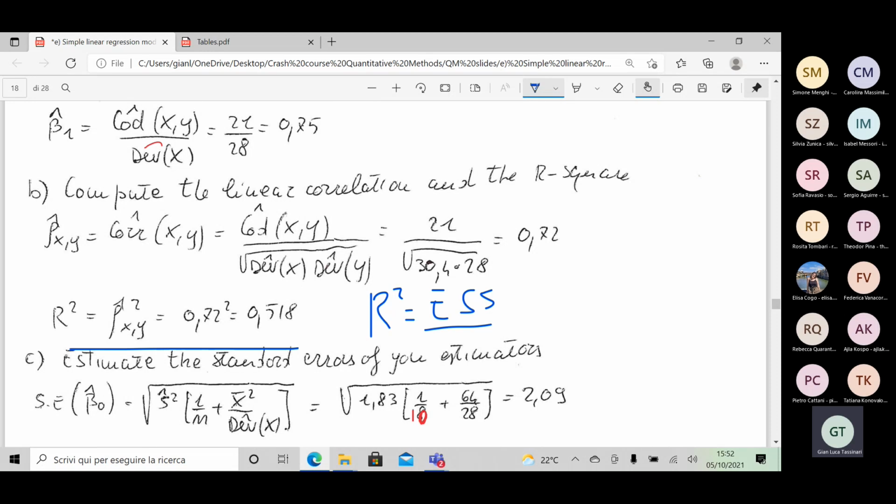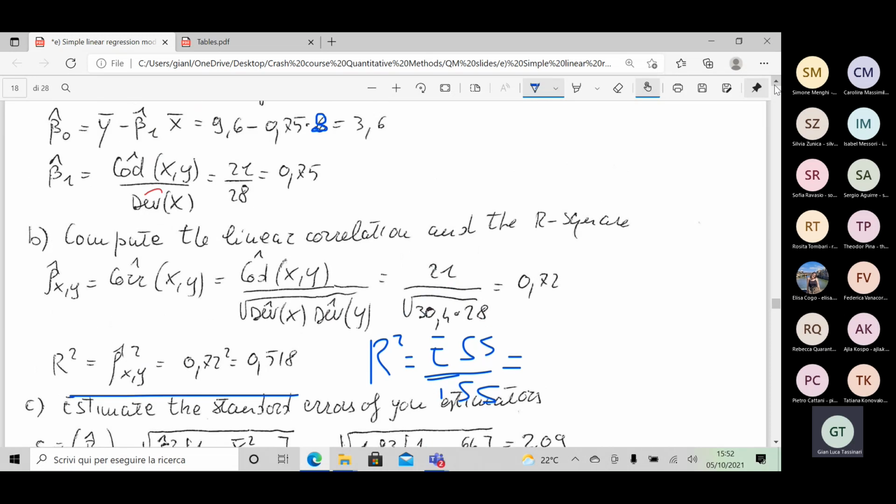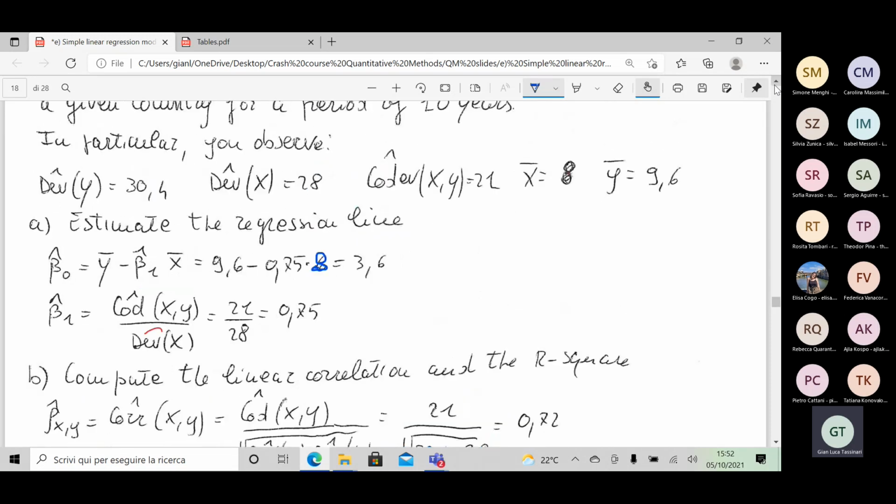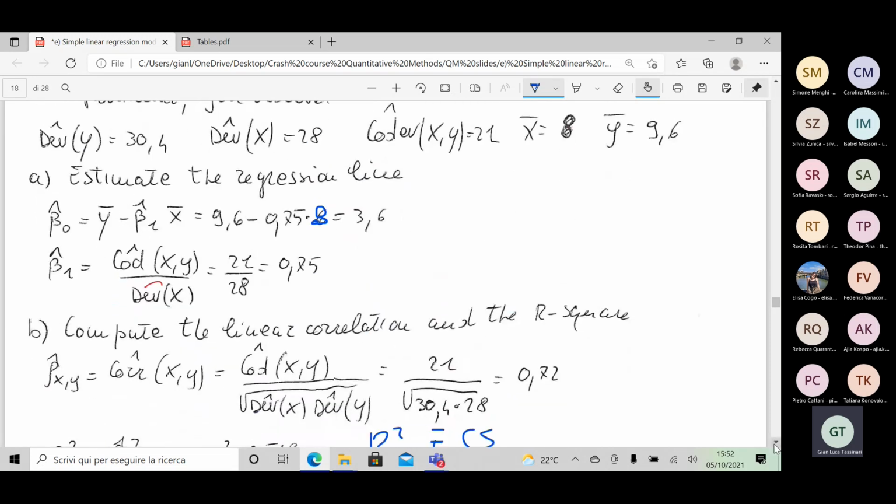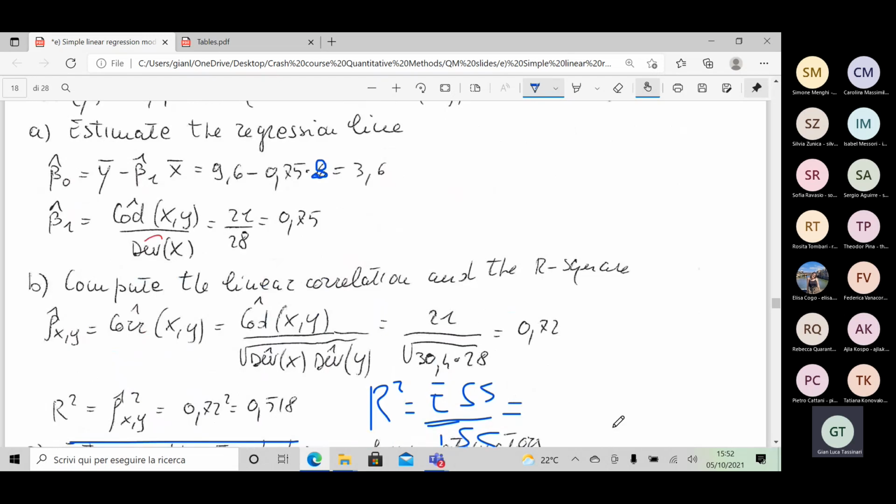Well, with the professor of econometrics, it is ESS divided by the total sum of squares. But remember, do we have ESS? You can use several pieces of information, you can write it in several ways. ESS, remember, is given by beta 1 hat squared.